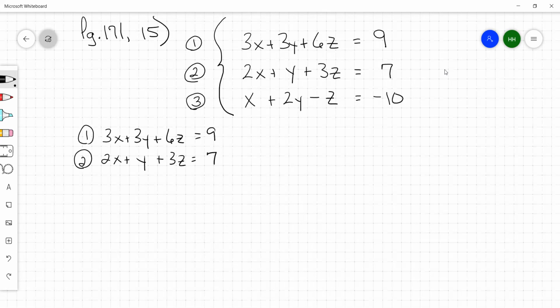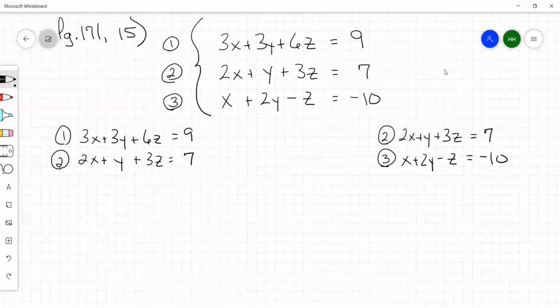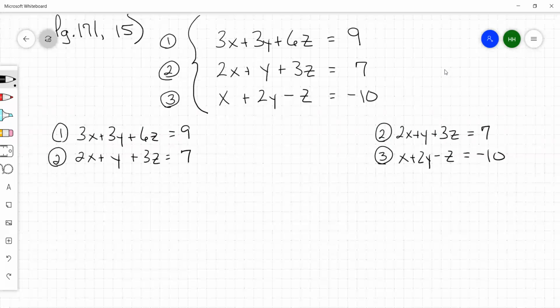And then I'm going to pair up 2 and 3. Haven't done anything yet except do a bunch of writing.